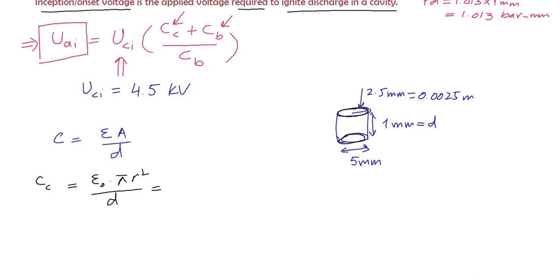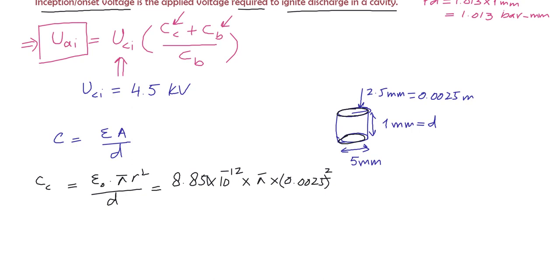Epsilon naught is 8.85 into 10 raised to the power minus 12 multiplied by pi, and radius is half of the diameter, which is 0.0025, and we have square here, so we are gonna put square.